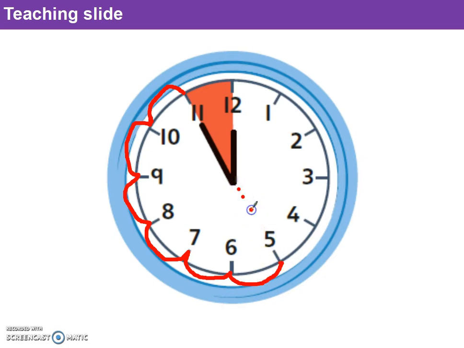So we know that our minute hand would be pointing to 5. And that tells us that our passenger didn't arrive at 11 o'clock, didn't arrive at 5 past, or 10 past, or 15 minutes past, or 20 past, but she arrived at 25 minutes past 11.